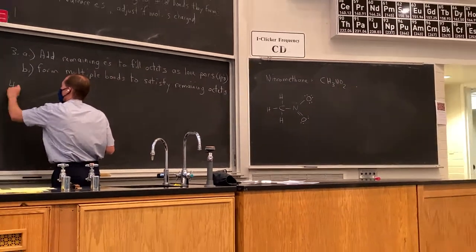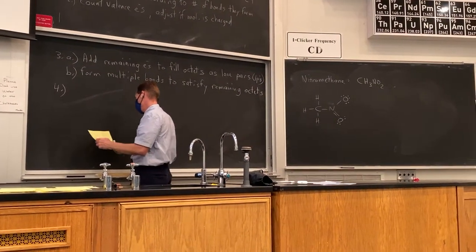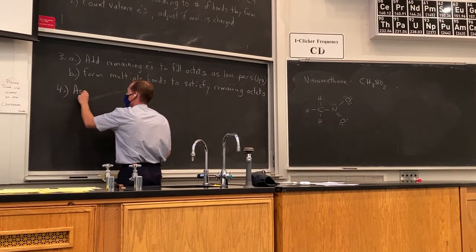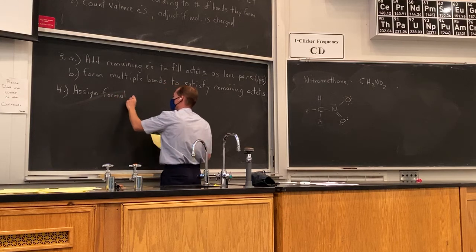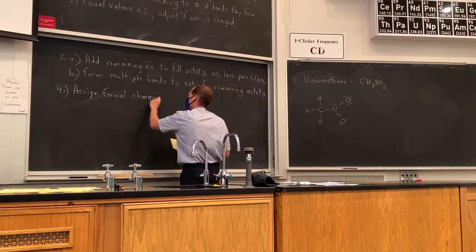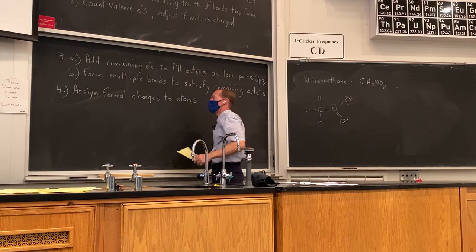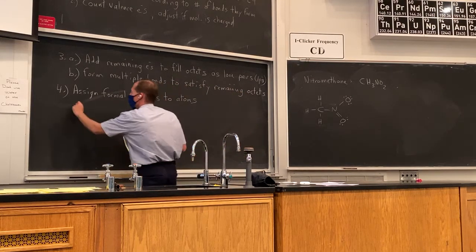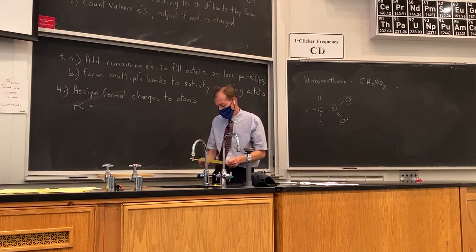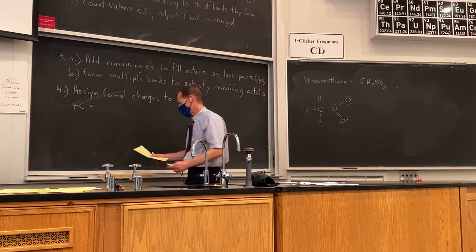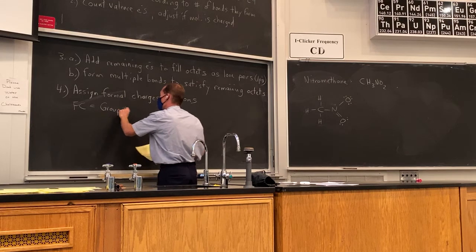All right, we're not done yet. We have one more step that we need, which is assign formal charges to atoms. Okay. There's a few different formulas for calculating formal charge. The one that I like to use is the group number.